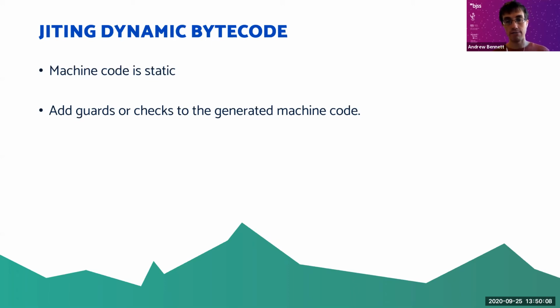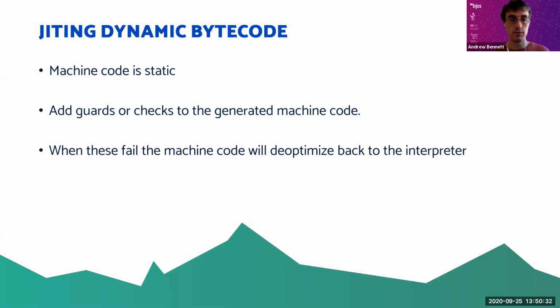Add guards and checks around it so that if you pass in something else, you de-optimize back to the interpreter and not use the machine code function, but use the interpreter again and the bytecode to run your code.